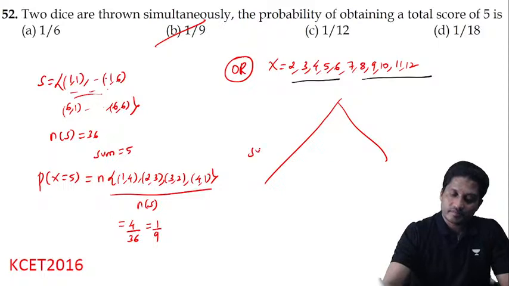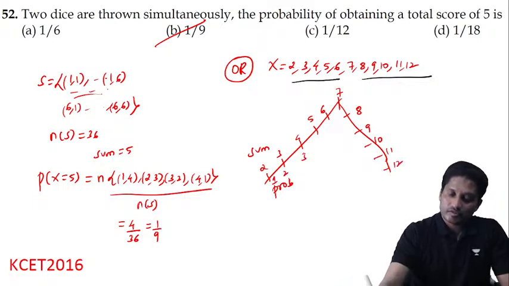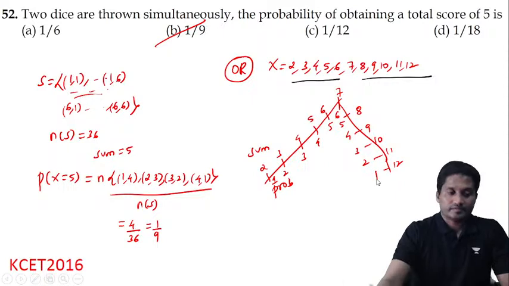The probabilities are 1, 2, 3, 4, 5, 6 for sums 2 to 7, and then in the reverse way 5, 4, 3, 2, and 1.